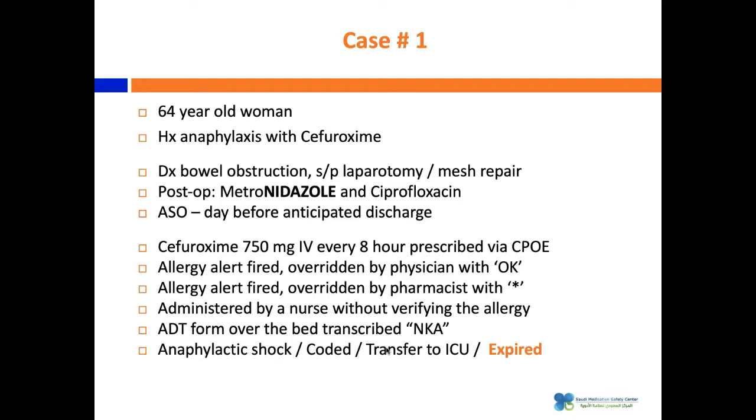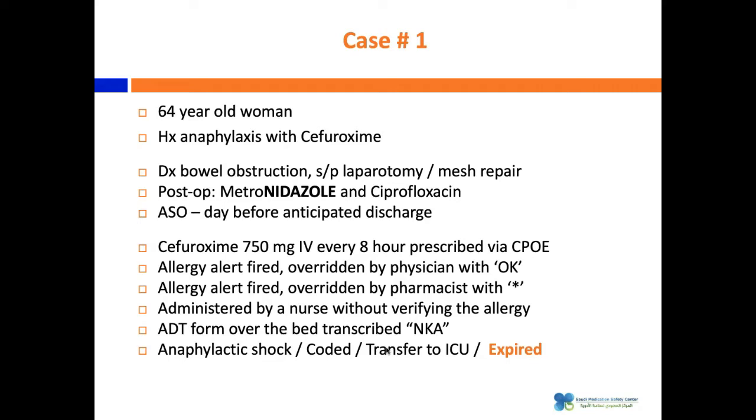So the patient had this automatic stop order in the system. When it happens, the nurse calls the prescriber and asks whether the patient's metronidazole and ciprofloxacin orders, which have an automatic stop order, will be continued or stopped. What's your plan?